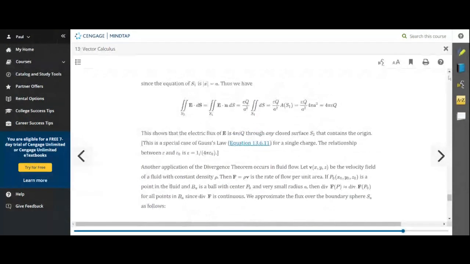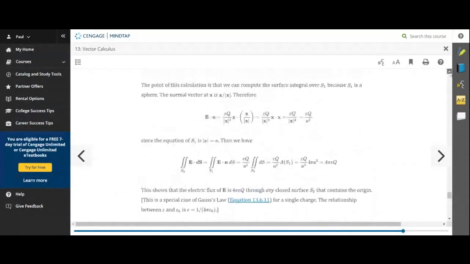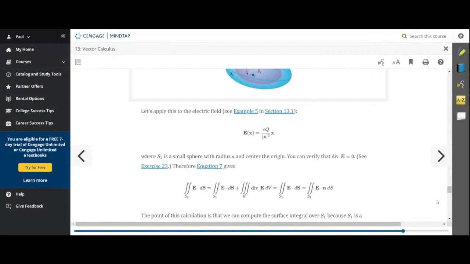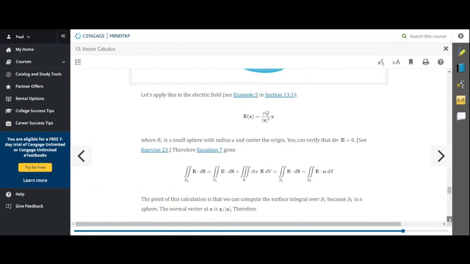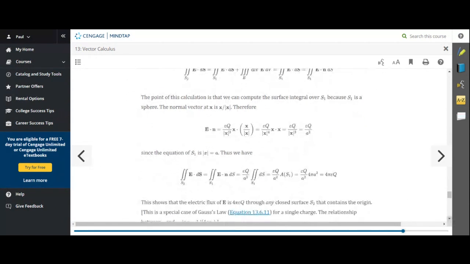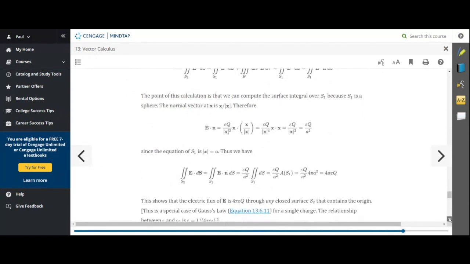The book actually talks about divergence in relation to some nice applications, flux, electric flux, and so forth. So those of you taking physics, you're welcome to look that over.